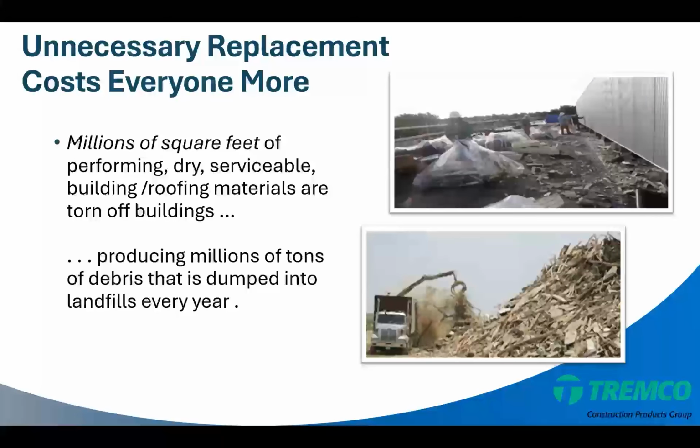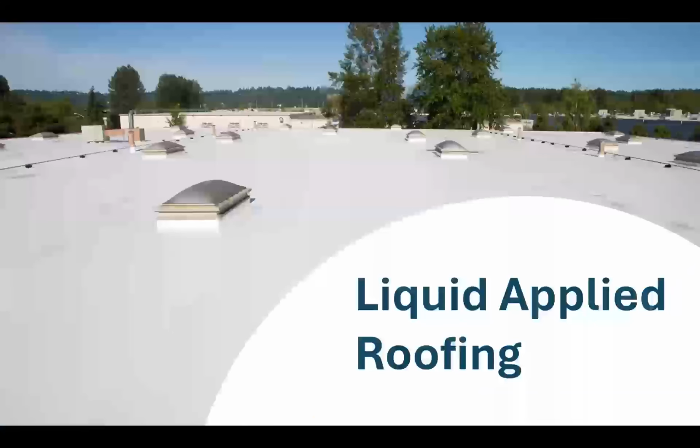You paid for it out of your budget once originally, and if components still have life to them or can remain useful within the system, tearing them off and replacing them needlessly means paying twice for a component that you don't have to. Keep that in mind, because many times insulation and some of these components can be the most costly components of a building envelope or roof system. Knowing what components do have to come out so that a restoration can happen is part of where these significant savings can come from.